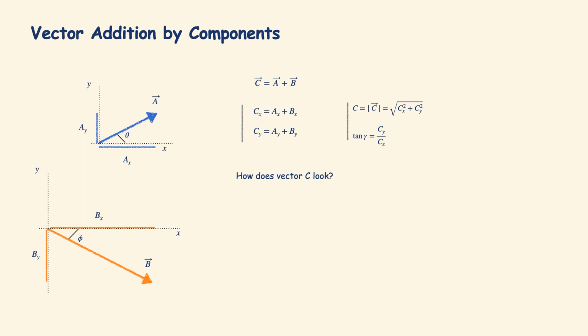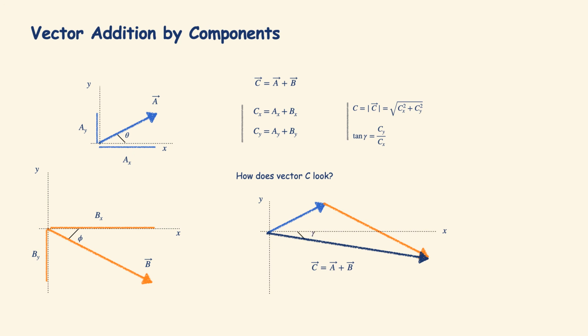You could go back and use the tip-to-tail rule or the parallelogram rule to draw the vectors and see how they look. So here's the vector A, here's the vector B, and you can draw and see, aha, so the components Cx and Cy and the magnitude and the direction and the angle gamma that I calculated earlier really represent this vector C, that is A plus B. In terms of its components here, I will need a coordinate system, so let me bring that xy coordinate system.